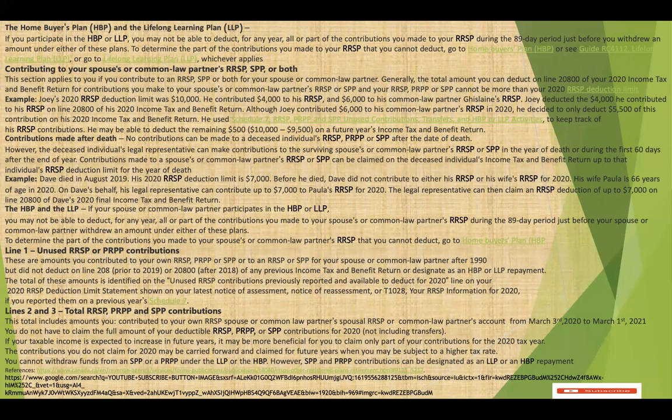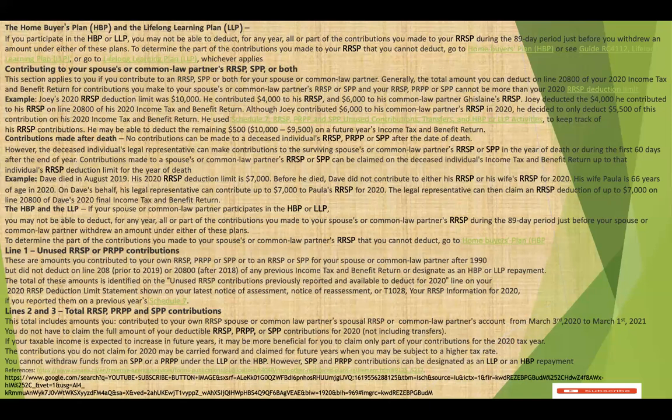Contributing to your spouse or common-law partner's RRSP or SPP, or both. This section applies to you if you contribute to your SPP or your RRSP. Contributions made after death: a contribution made to a deceased individual's RRSP or SPP can be claimed on the deceased individual's income tax and benefit return.